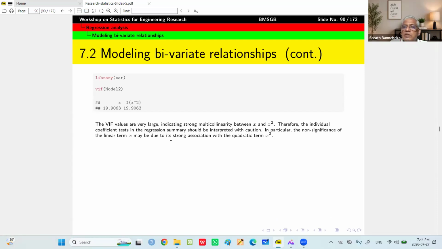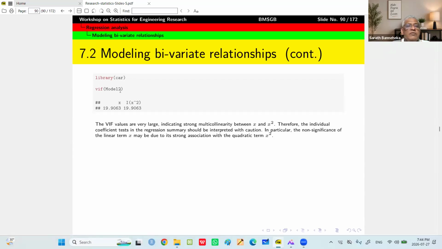So in order to check whether multicollinearity problems exist, we have to look at something called the variance inflation factor, VIF. In R, to get the variance inflation factors, you have to use a library called car.